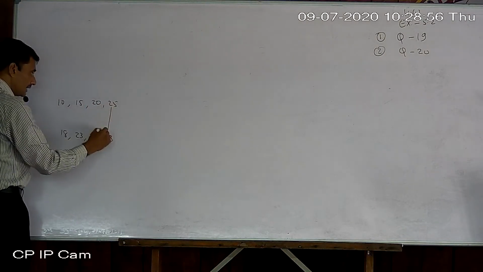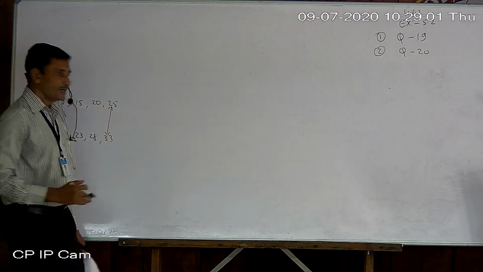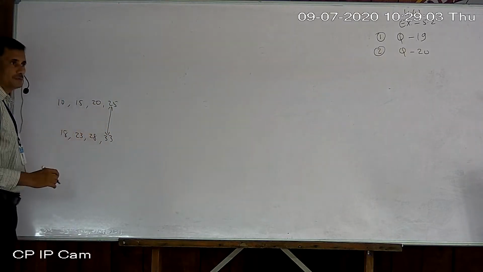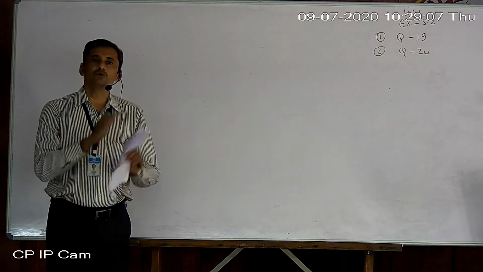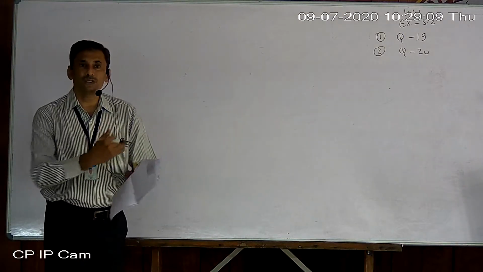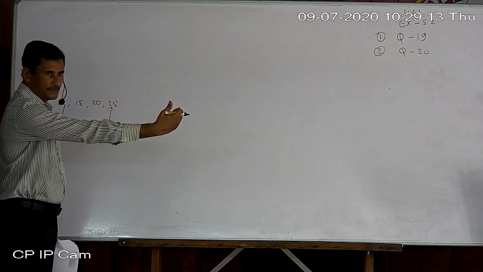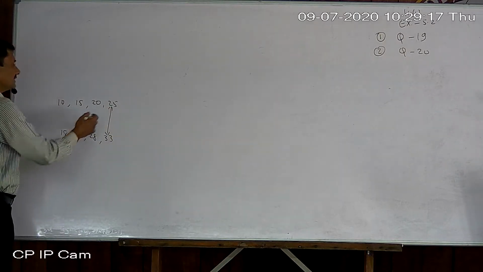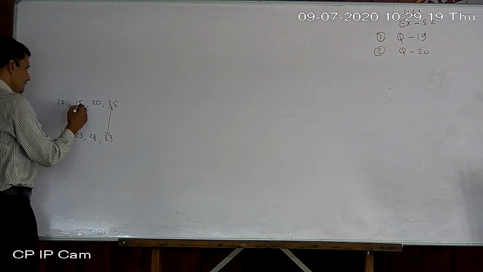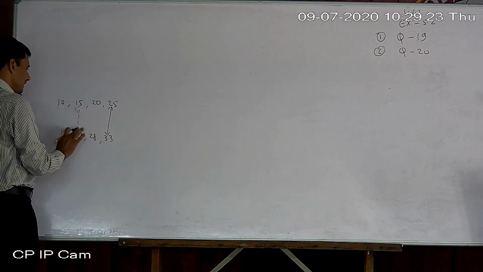I am talking about the difference between both 4th terms, both 3rd terms, both 100th terms, both 1000th terms. Why? Because they proceed with an equal gap, with an equal step. Okay? So obviously the answer will be 100. If here the difference is 5, here the difference is 8.